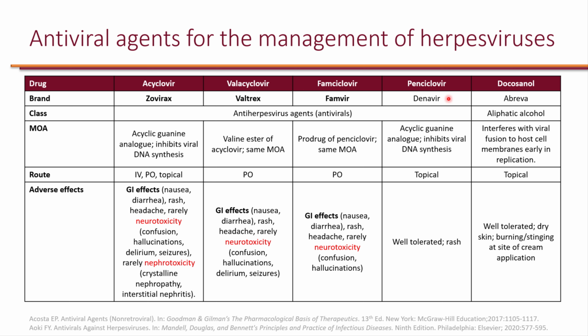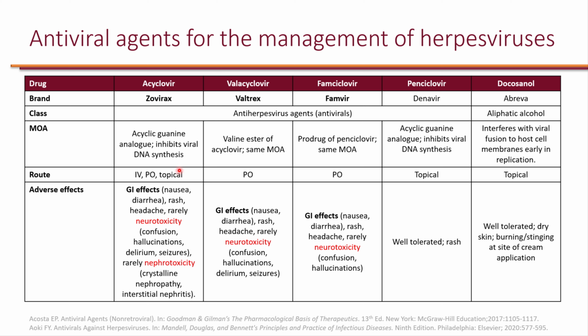And we also have some topical options that are not necessarily used for genital herpes, but when you consider, for example, orofacial, Abreva is something that's available over the counter when people have facial manifestations of HSV, and those are topical, so they're listed here. But I want to focus on the 3 that are used systemically for management of patients with genital herpes.